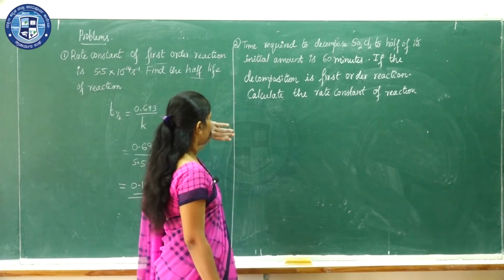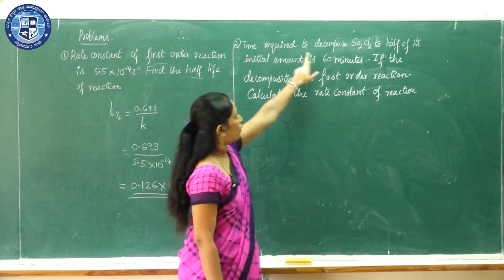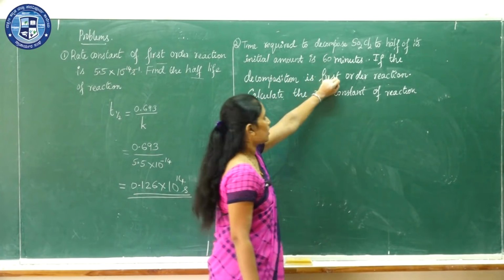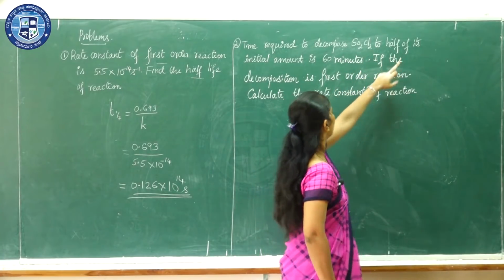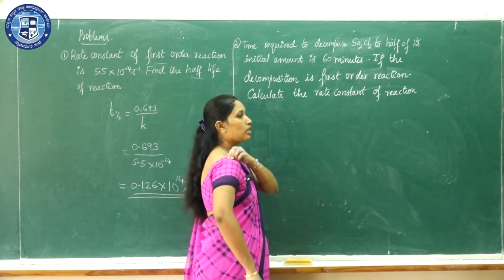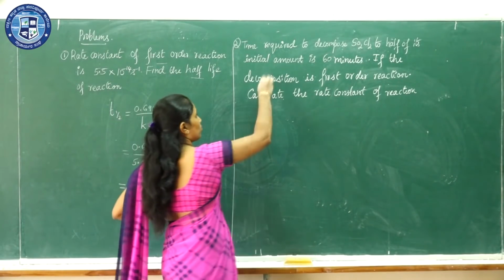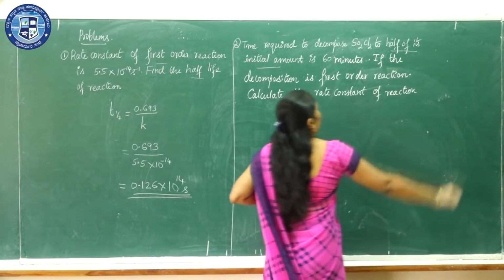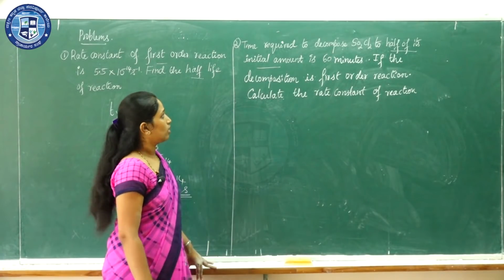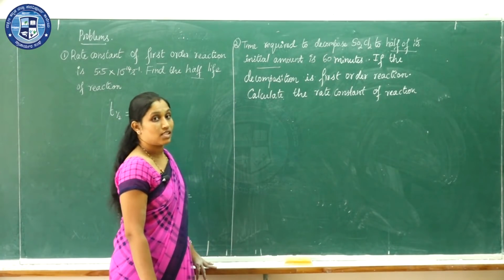What is given here is that the time required to decompose SO2Cl2 to half of its initial amount is 60 minutes. From this you can infer that T half is 60 minutes.